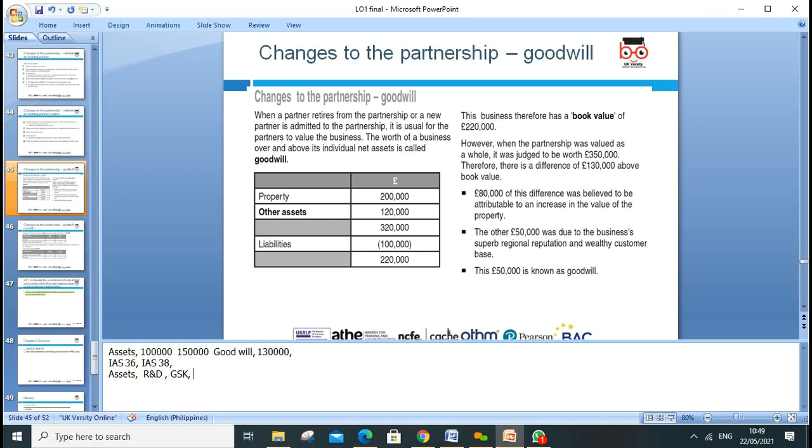We have all the trials and tests, we have a facility to make the medicine, we have assets, machines and everything, and then whatever money we spent on research and development we can put as an asset in our books of account.